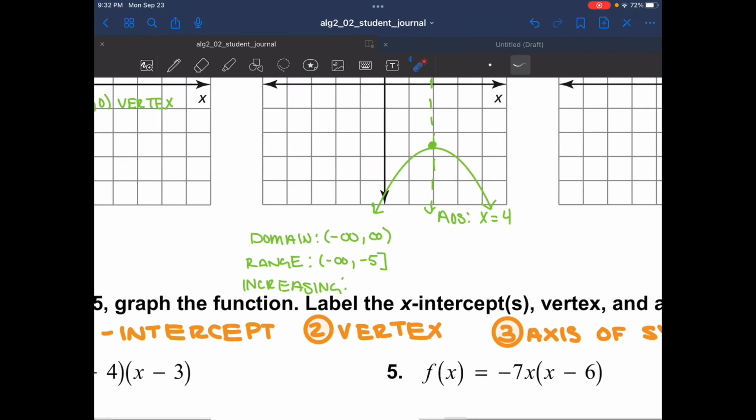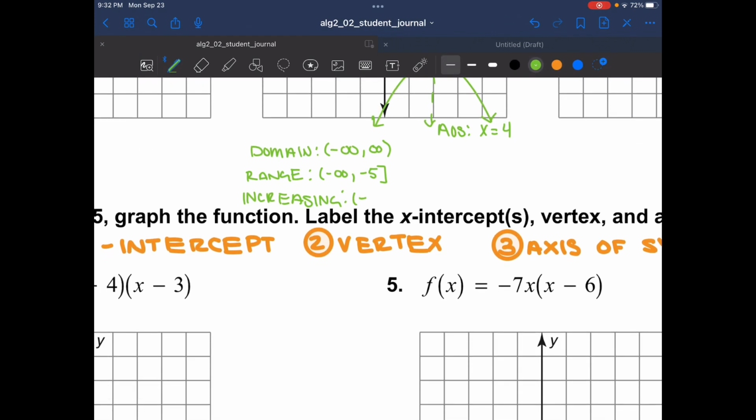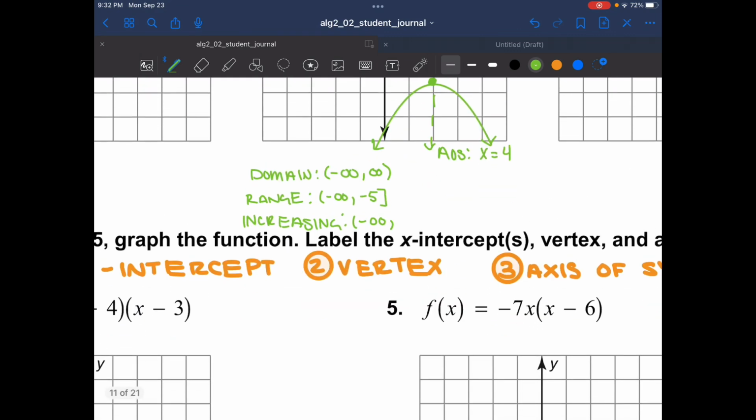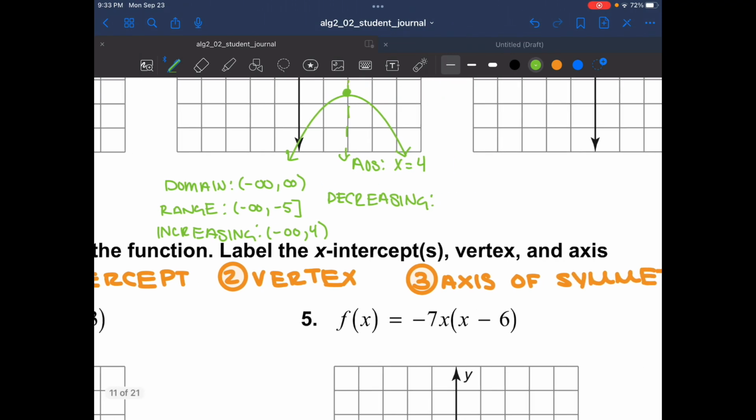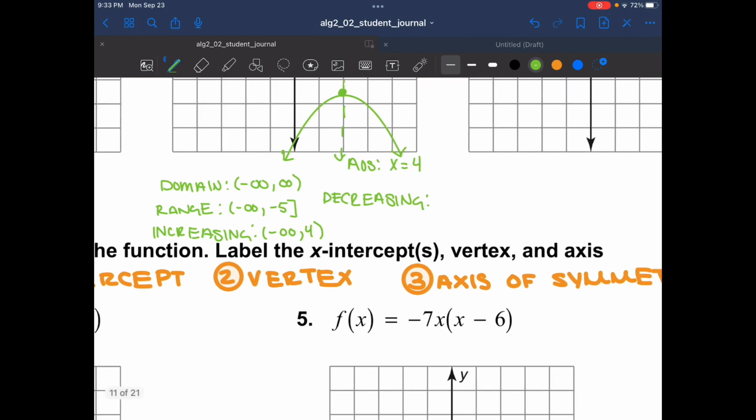We look at that on the x-axis, and we look like we're increasing from here to here, right? Because we're going up. So that's going to be negative infinity to our h value, which is 4. And then for decreasing, right, we're going to go from 4 to positive infinity, because that is going from 4 onwards down forever towards the right.